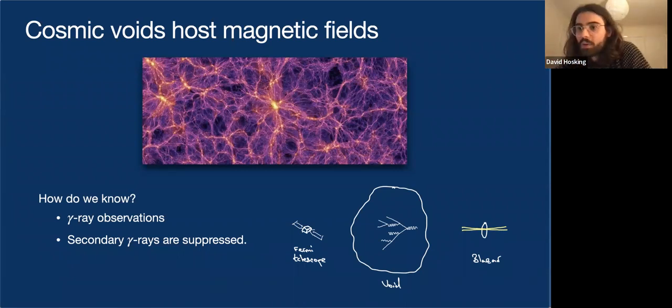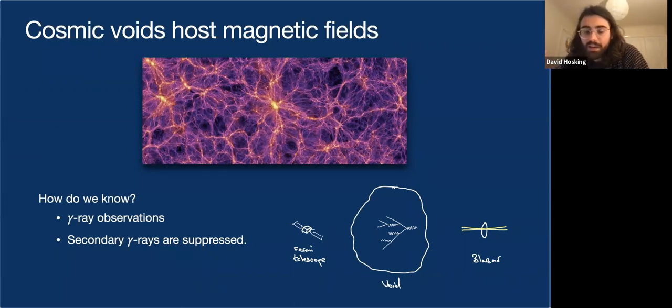These photons, in principle, can be detected by gamma ray telescopes, but what's actually observed from the Fermi telescope is that these secondary gamma rays are suppressed. They're not observed. The question is, why does this happen?